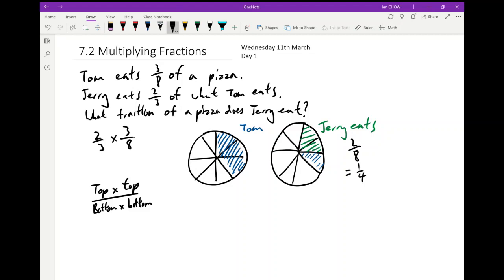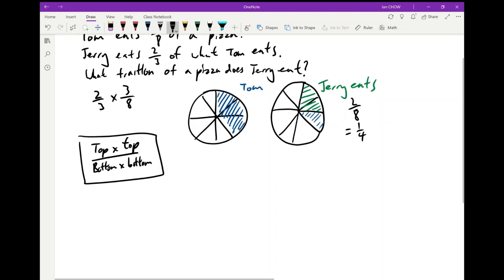If we have fractions multiplied by fractions, it's going to be top times top over bottom times bottom. Don't mix them up. So we have here 2 times 3 all over 3 times 8. That's what happens if we have two fractions that multiply each other. I'm sure you've learned this before, but let's just make sure we understand how to do this correctly.